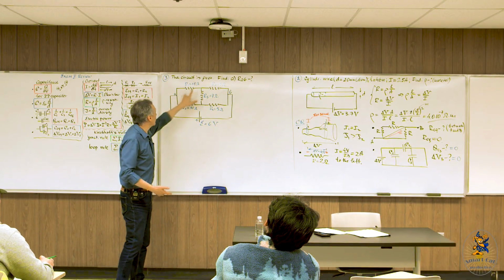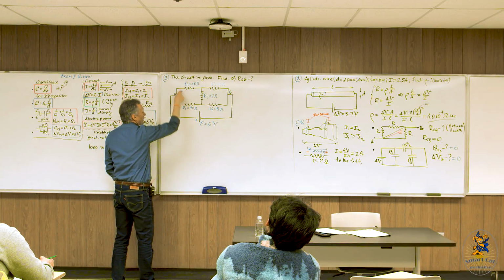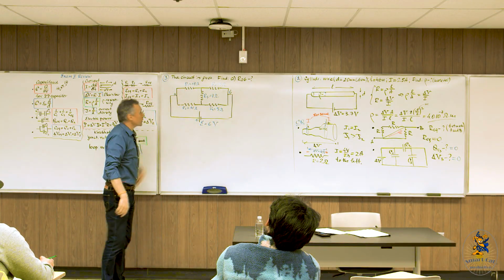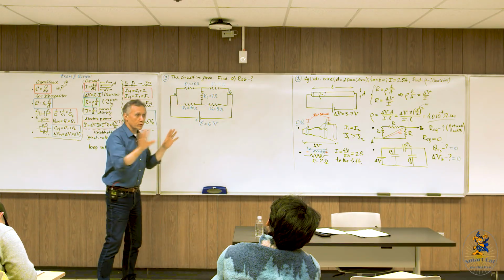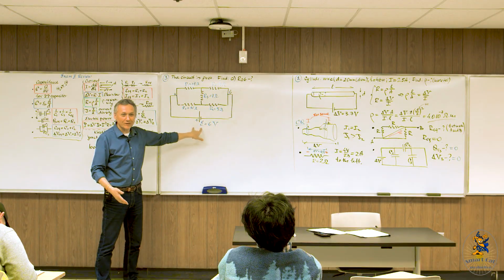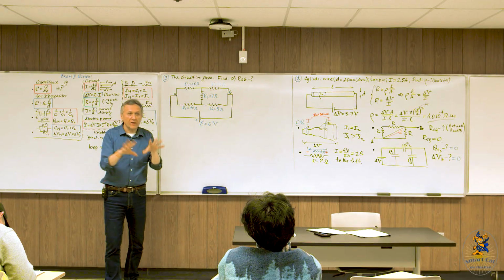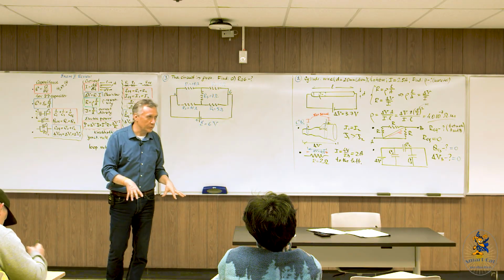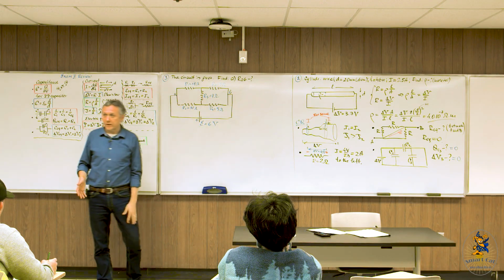So strictly speaking, this point on the left of resistor R1 and this point on the left of resistor R2 all belong to the same piece of metal. In this case, of course, there is no electrostatic equilibrium because we have a dynamic situation created by the battery. But in these situations, we assume that wires have a very, very small resistance, essentially no resistance relative to the resistances of the resistors.